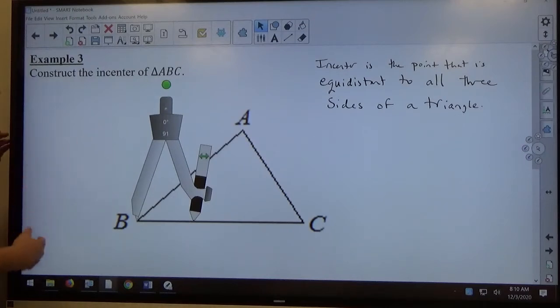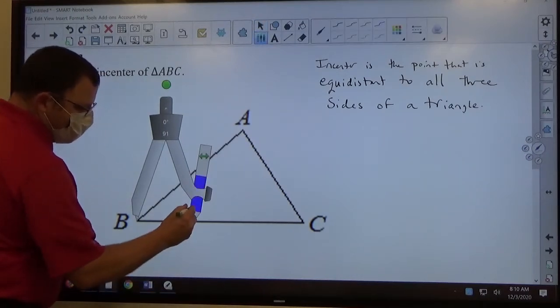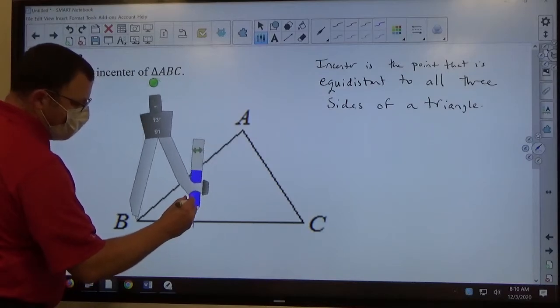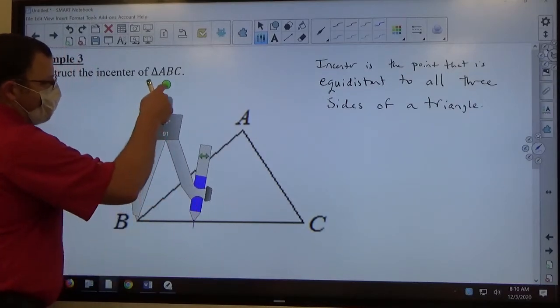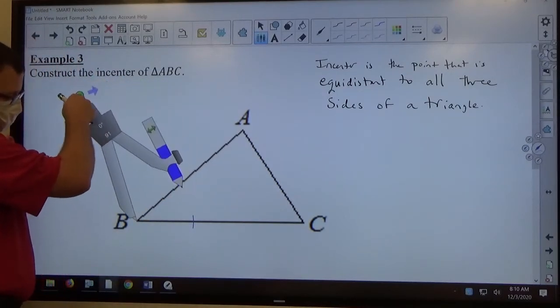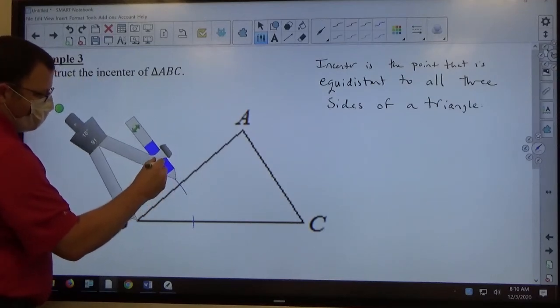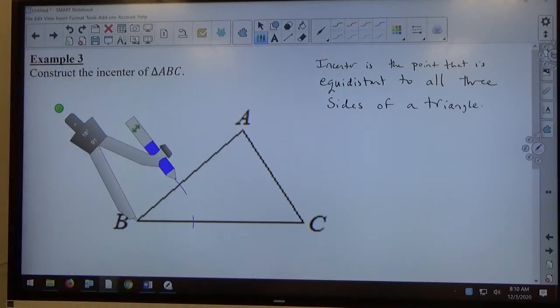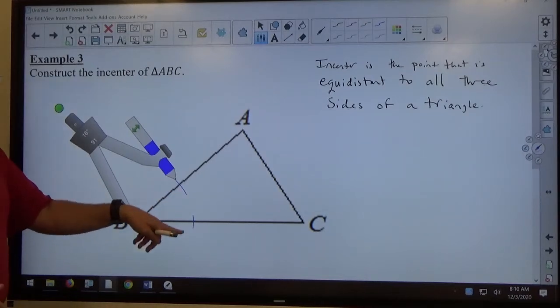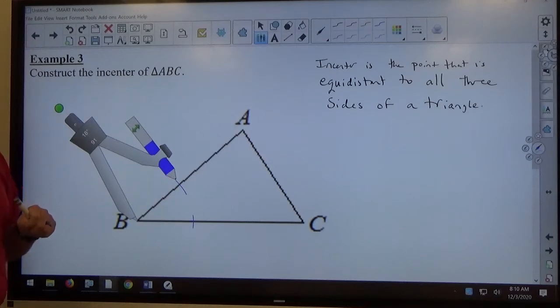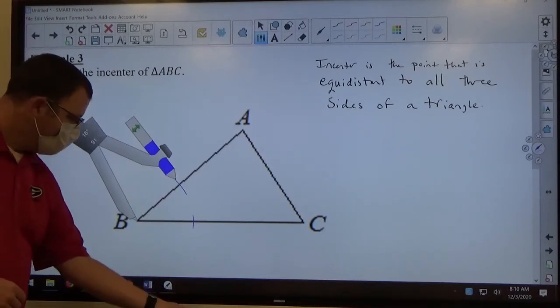So just make it comfortable. And you want to construct an arc on one side and the other side of the angle that you're bisecting. You can make an entire arc all the way through if you want to. I usually just put a little piece of an arc on both those objects.